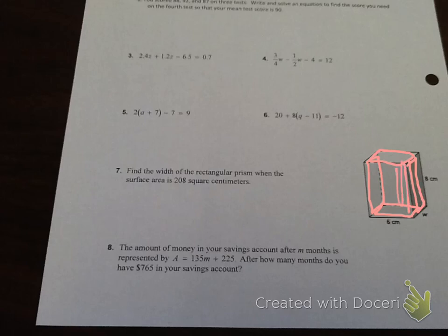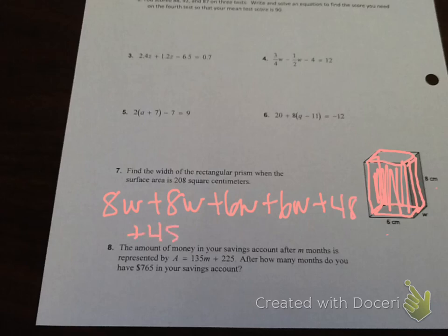And then the front and the back would be the same, and they're both 6 times 8, which is 48. So you should have a big long equation: 8w plus 8w plus 6w plus 6w plus 48 plus 48, for a total of 208. You should be able to figure out what that w equals.